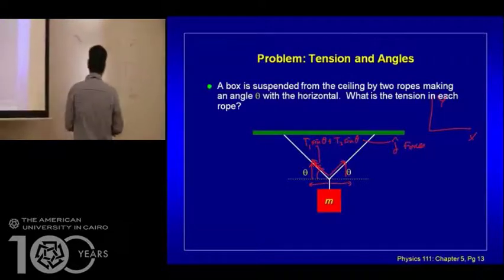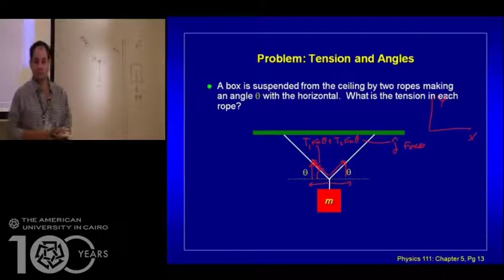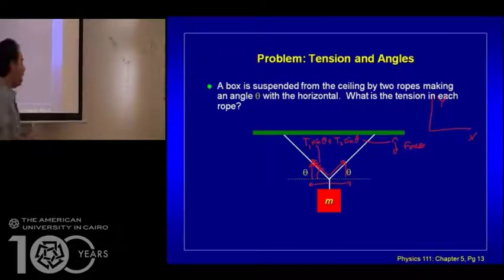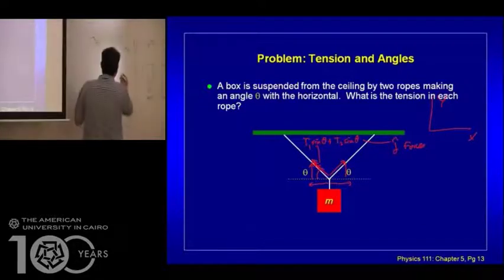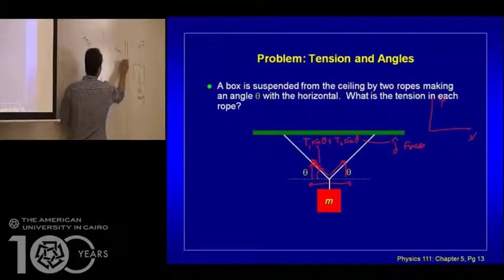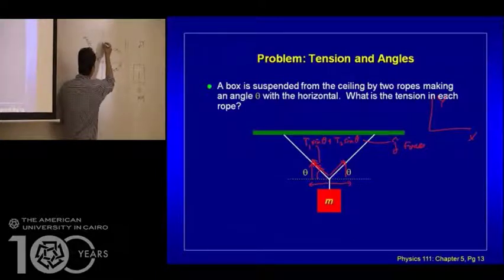Here, what to do? I have to resolve T1 and T2. So this is going to be my coordinate system, i and j. T1 is going to be resolved into two components. One along the x-axis, that's T1 cosine theta, and one along the y-axis, that's T1 sine theta.